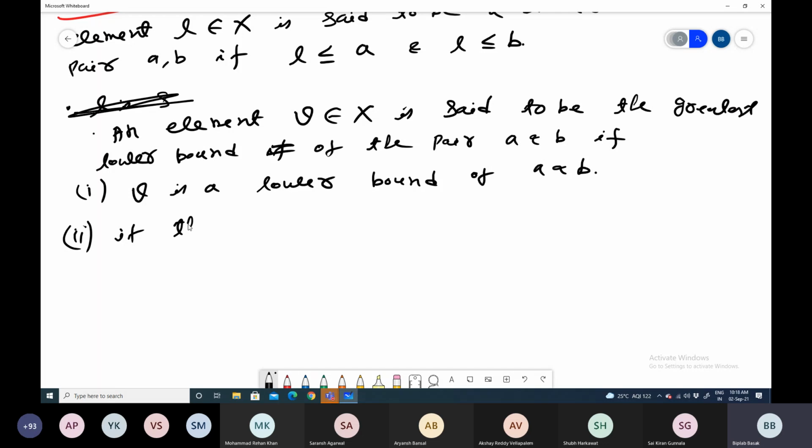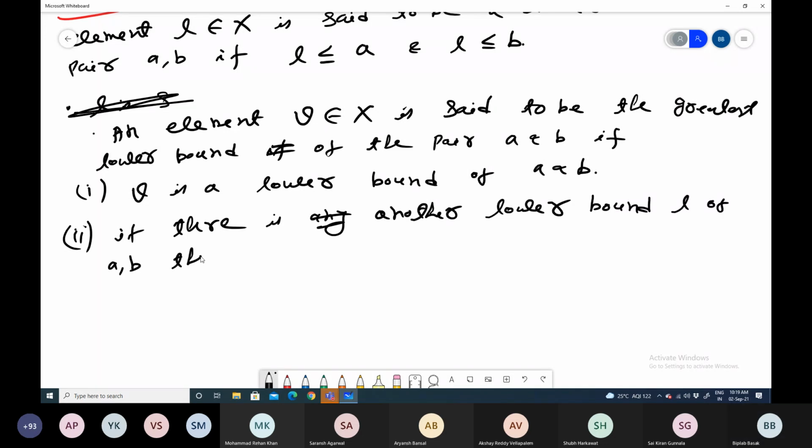So if there is any other lower bound L of the pair A, B, then D is the greatest one, so L less than or equal to D. Okay.